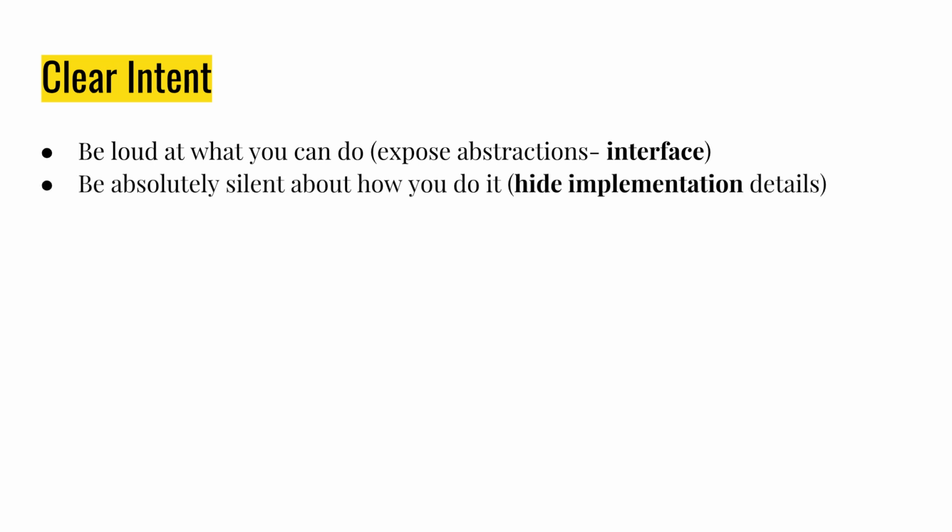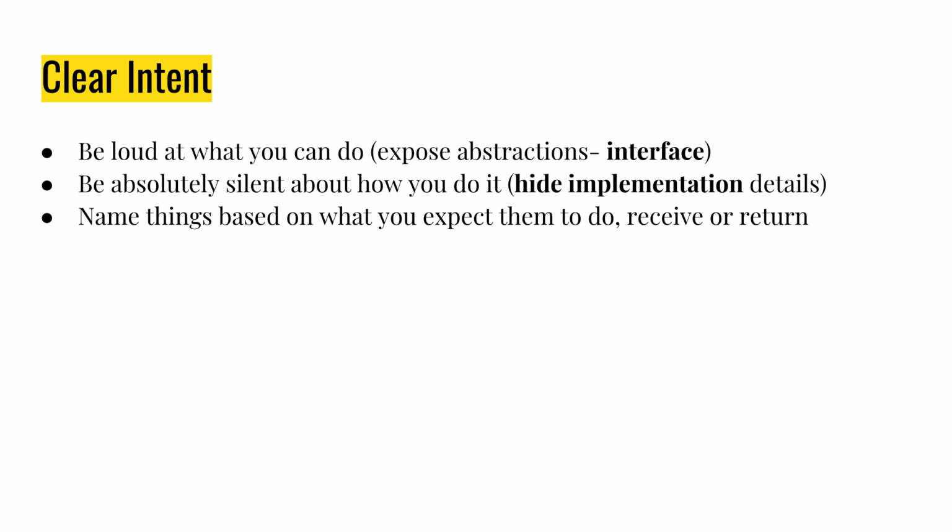You don't need to look into implementation details to understand what it does. It even should tell how it does it. Well, not quite, but it should imply it in some way at least. So clear intent means being loud about what you want to do, but being silent about how you do it. Those are the two things that clear intent tells us to do.